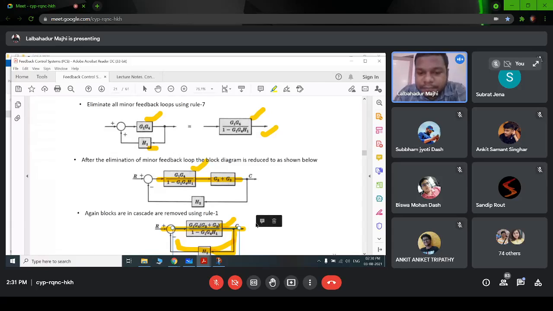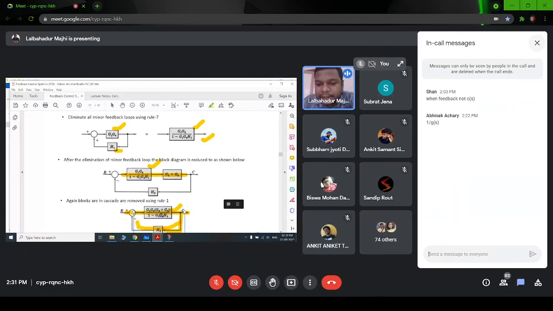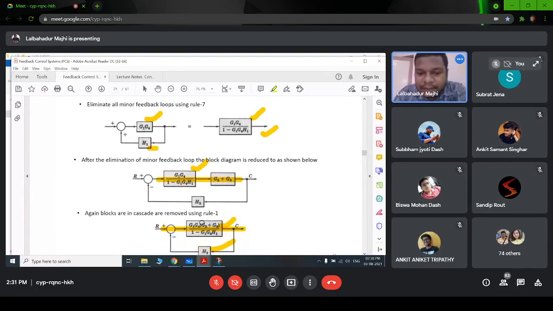So this is a feedback path or closed loop system. This is our G and this is our H, so G divided by 1 plus G into H2, and then we have to solve.